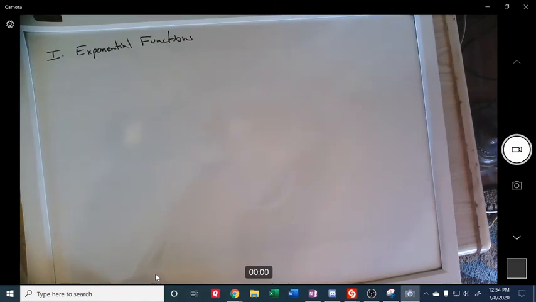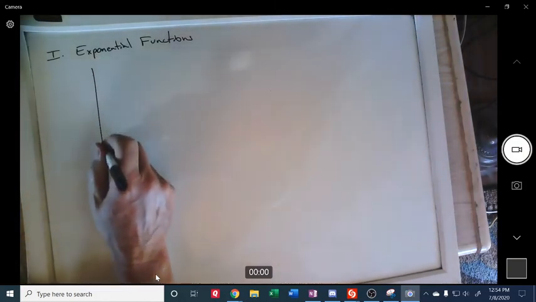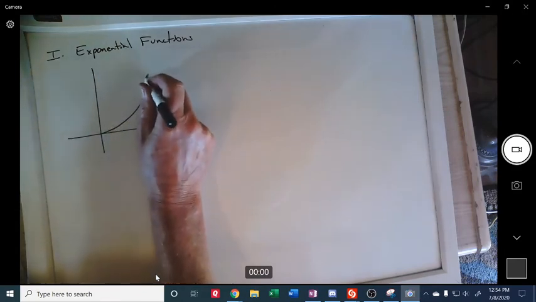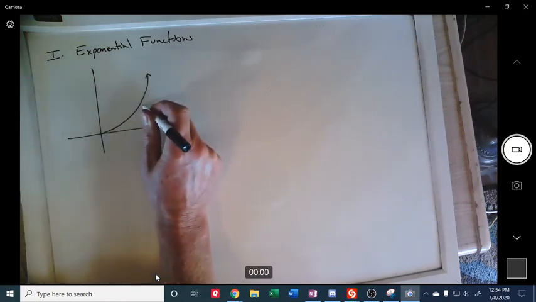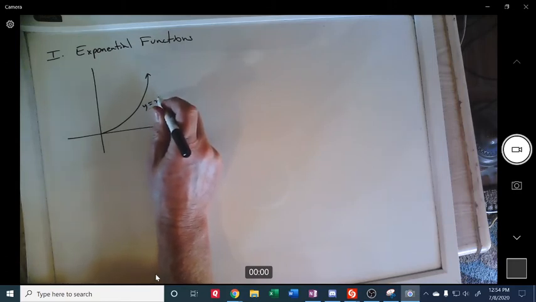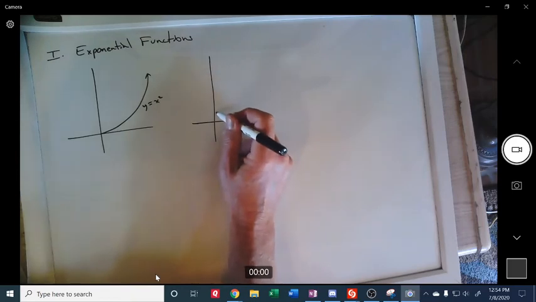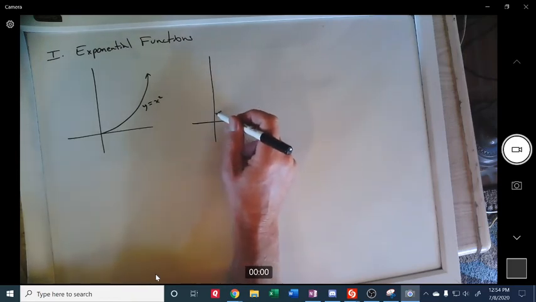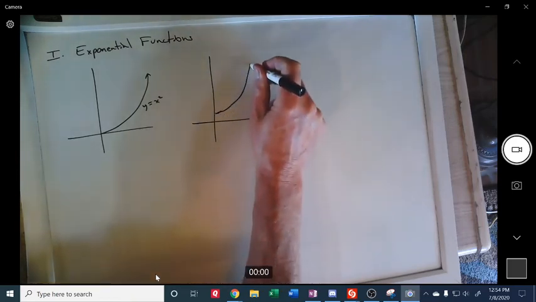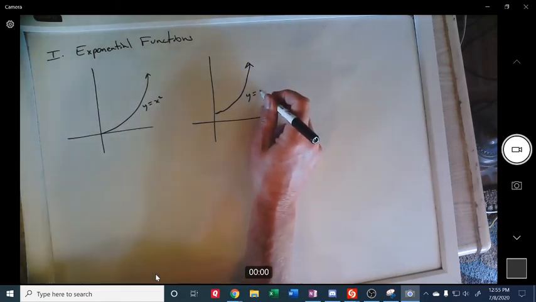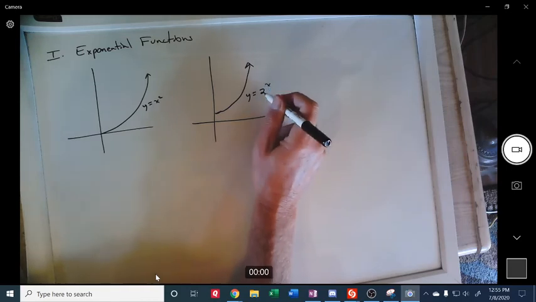And when I'm teaching a college algebra class, what's very typical is students will think of, this is the right hand side of y equals x squared. This is the right hand side of y equals, let's say, 2 to the x power.